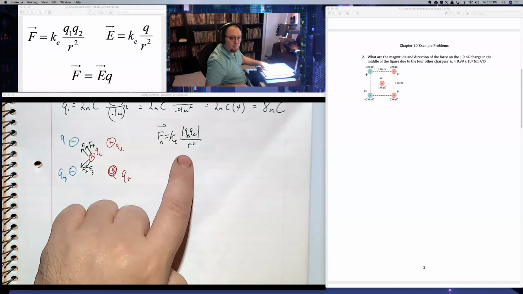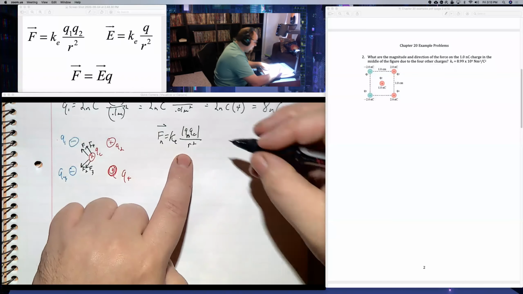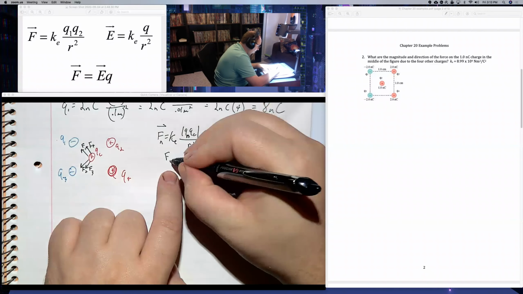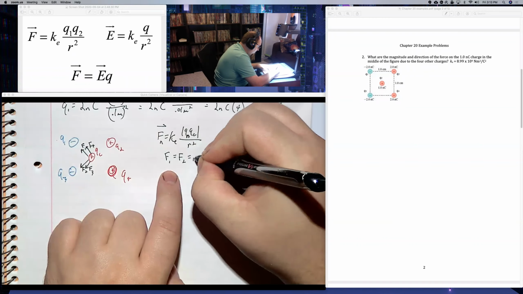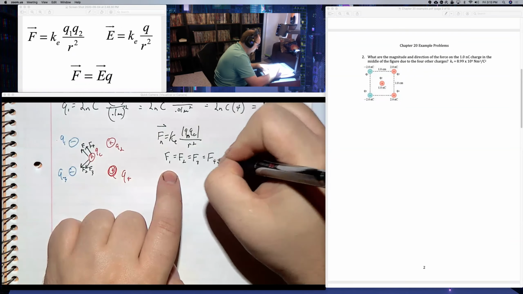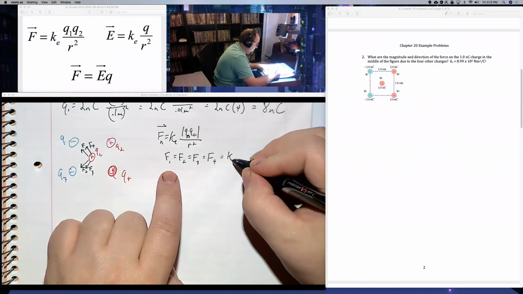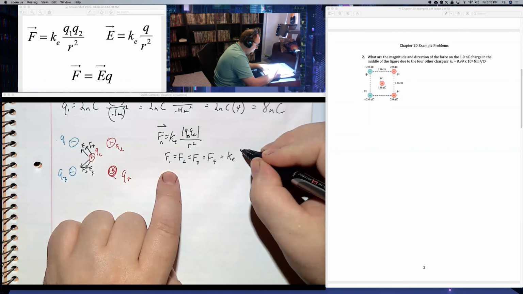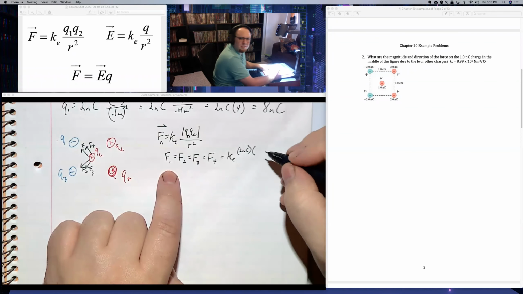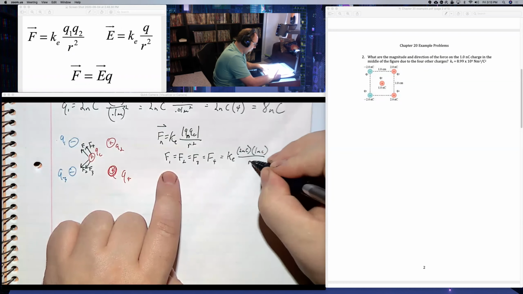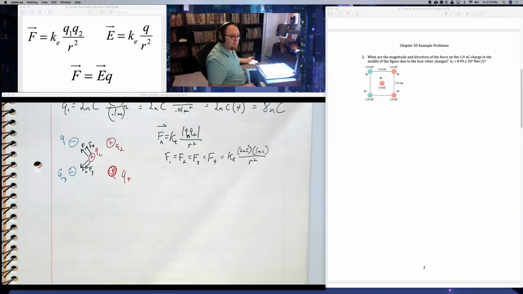So with this absolute value, for F1 or F2 or F3 or F4, the magnitude is still KE times 2 nanocoulombs times, what's the center one? 1 nanocoulomb over R squared. They're all going to be identical. The distance will also be the same for all of them because it's in the middle of the triangle.